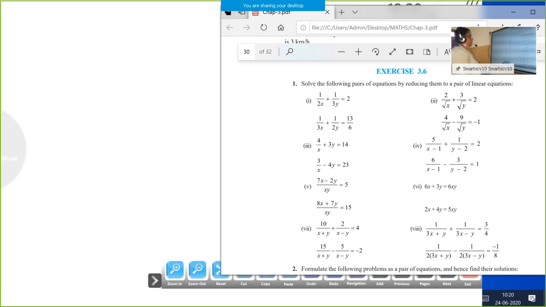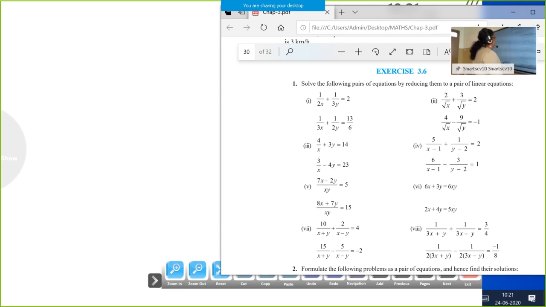The next question, question number 5. 7x minus 2y divided by xy is equal to 5, and 8x plus 7y divided by xy is equal to 15.